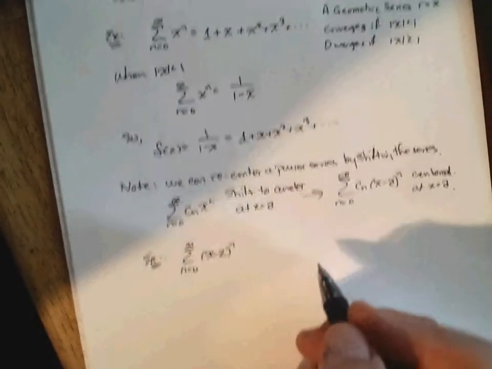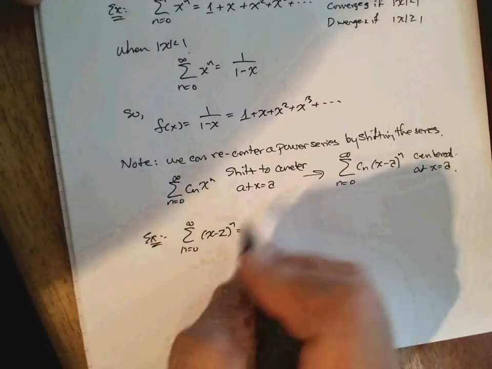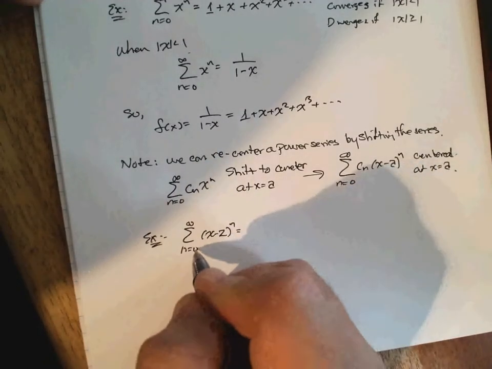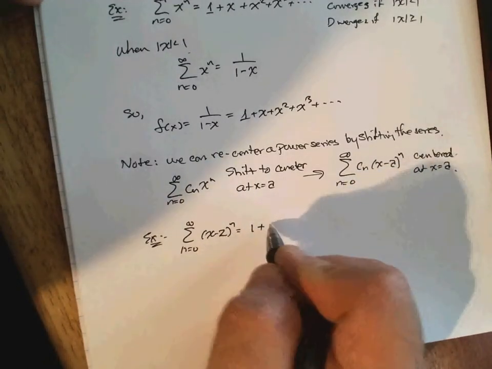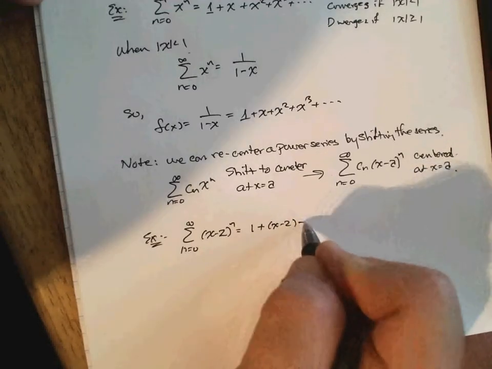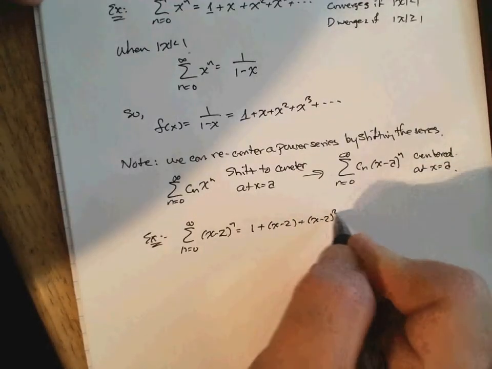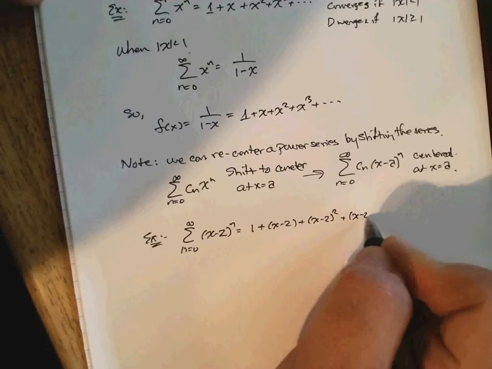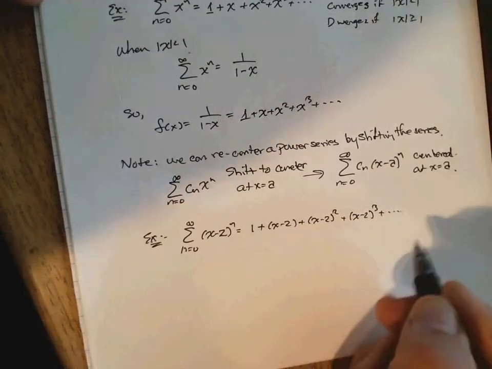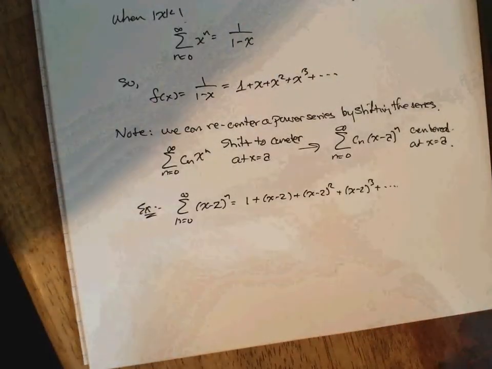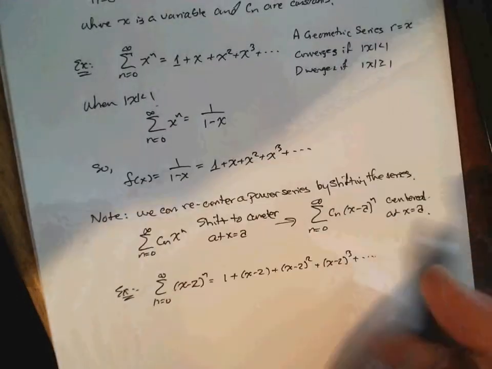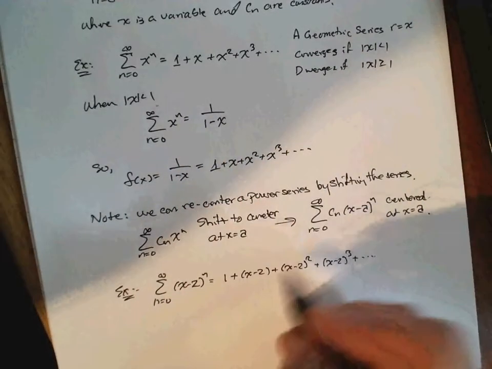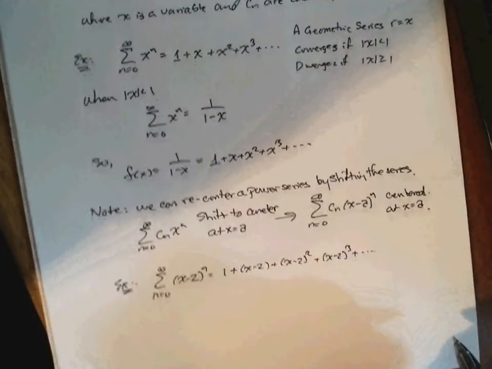And so how does that affect this? Well, let's write out the first few terms. When n is 0, that's 1. When n is 1, that's x minus 2. When n is 2, that's x minus 2 squared. When n is 3, x minus 2 cubed, and so on and so forth. Okay? It's the same power series as up here. It's just been shifted now to be centered at 2 instead of at 0.